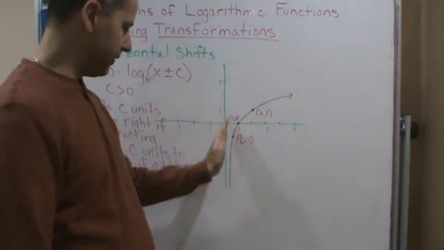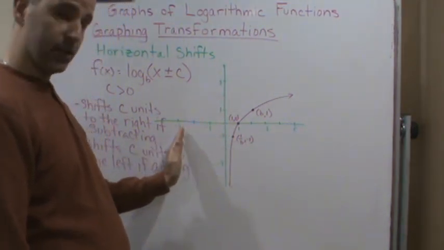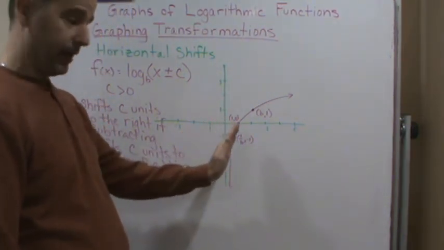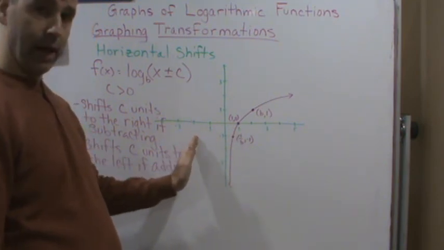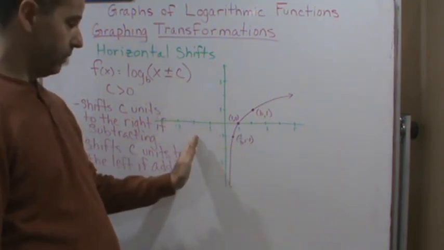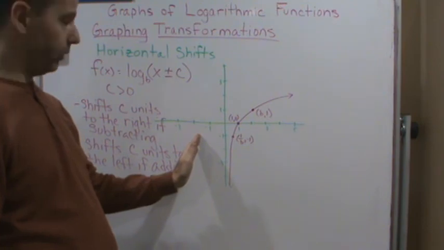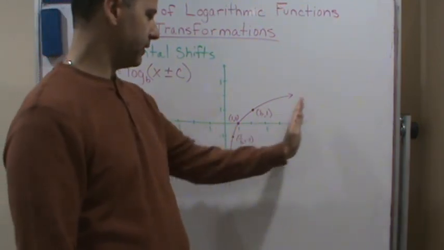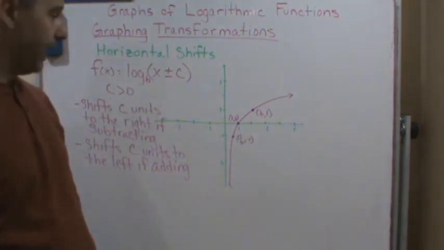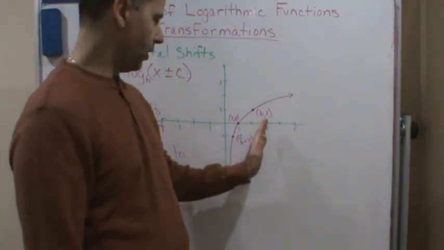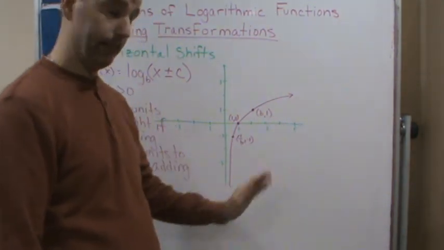Because now, instead of starting at 0, I'm going to start somewhere over here. In fact, it's going to be however many c units that I move over this way. And of course, if it's a shift to the right, then it's also going to affect my domain going this way.